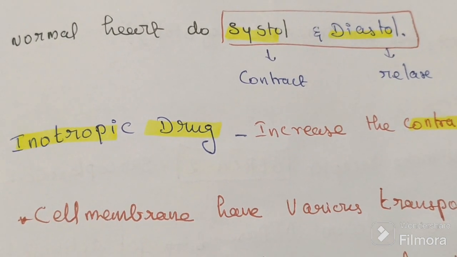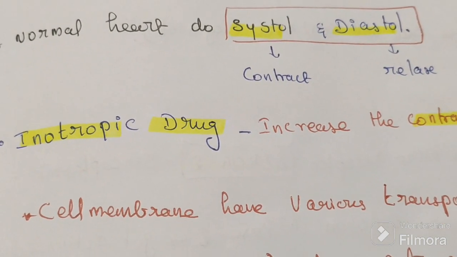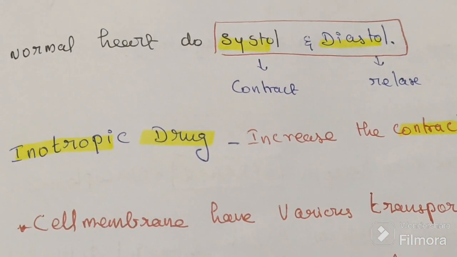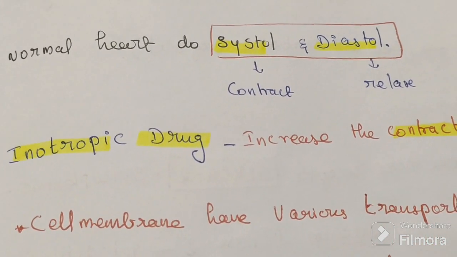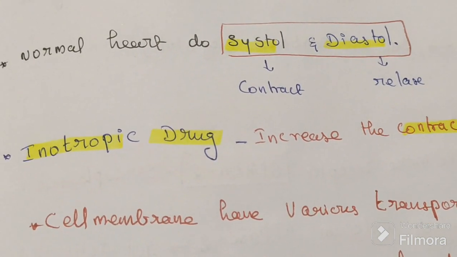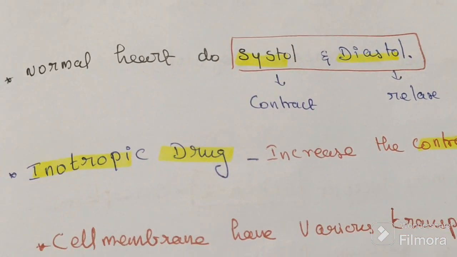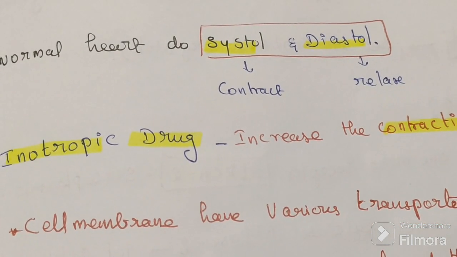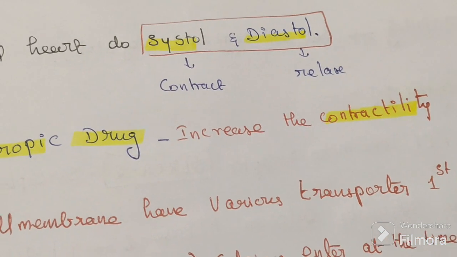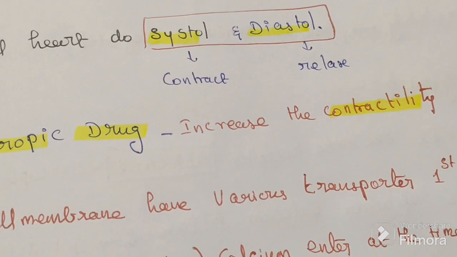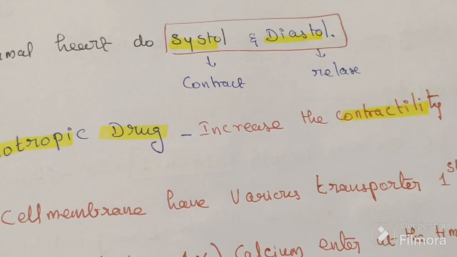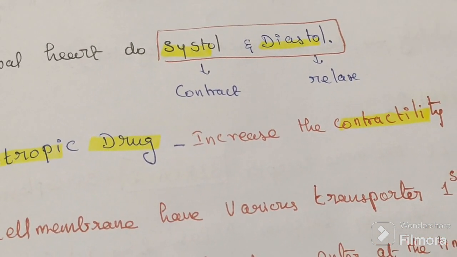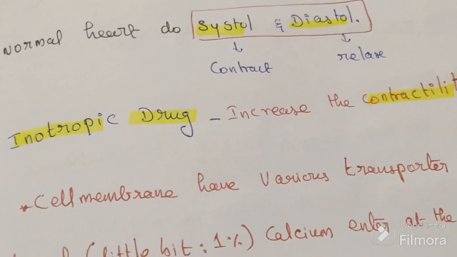So it increases contractility. How does the normal heart do systole and diastole? Systole means contract, diastole means relax. Inotropic drugs increase contractility, so they increase systole, not diastole.